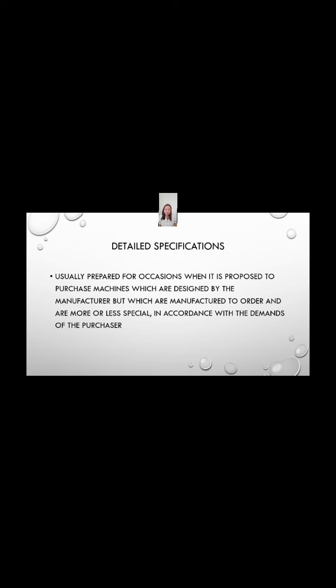Next is the design specifications, usually accompanied by complete detailed plans and designating definitely and minutely in full detail every part and portion of the machine to be provided, describing the material from which it is to be made, its qualities and strength, the workmanship and finish, and the weight, size, and dimensions of all parts.